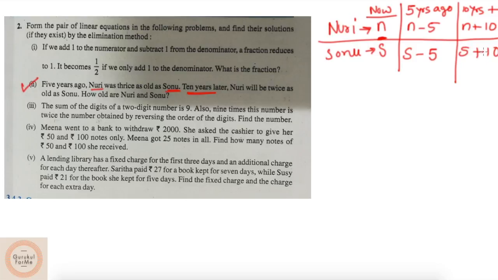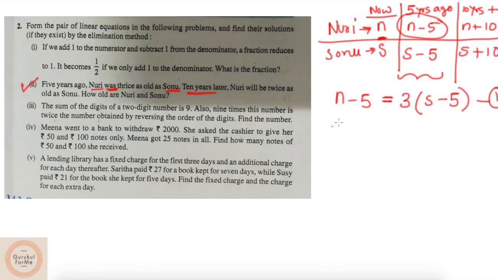Okay, now what are they talking about? They are talking about 5 years ago something happened, and Noori's age was N minus 5. When I'm saying was, in one of the videos we did what is the meaning of was and is. That means is equal to thrice as old as Sonu, S minus 5. Do we get this as the first equation?